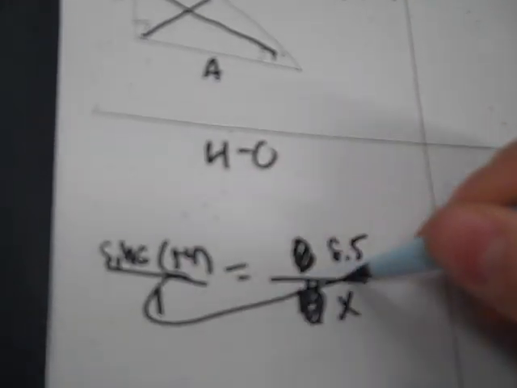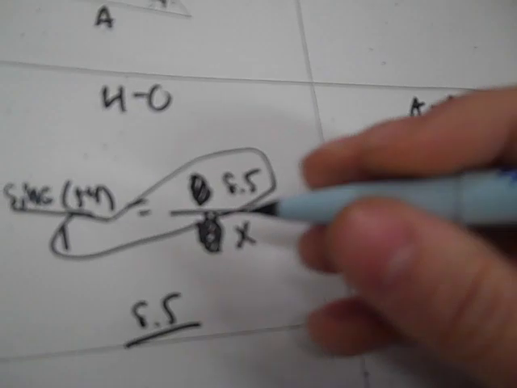So O is 8.5, and H I have no number with it, so that's my X. So I multiply this way. That's 8.5. Now underline it and divide by sine 54. So 8.5 divided by sine 54 is 10.51.